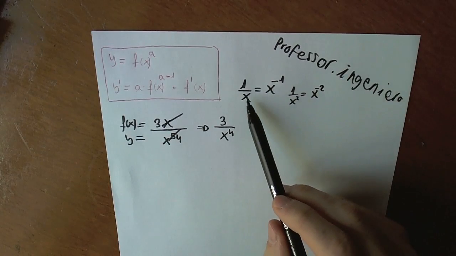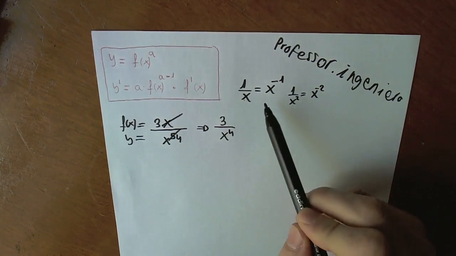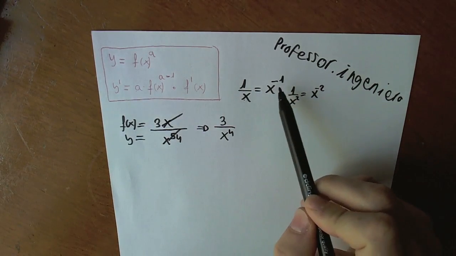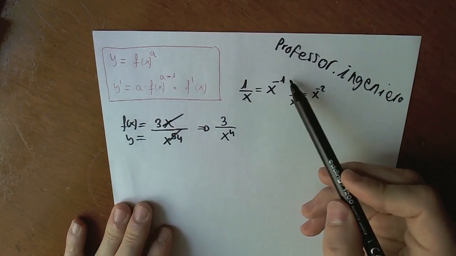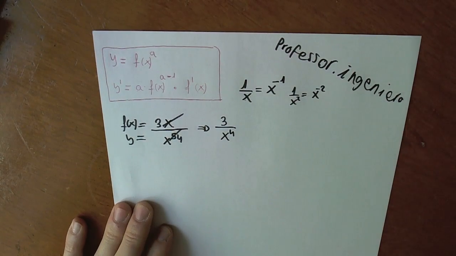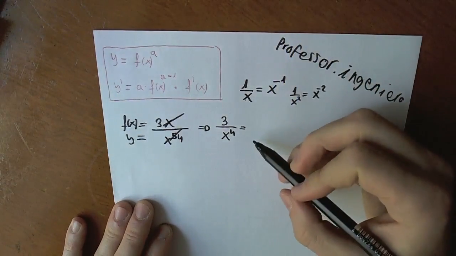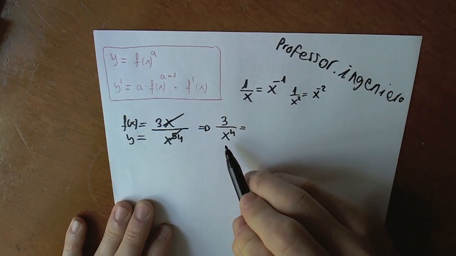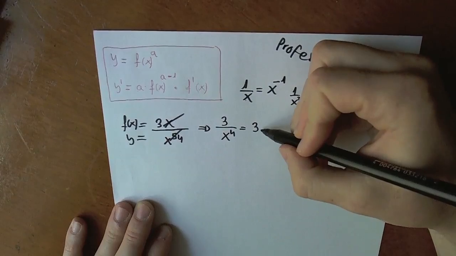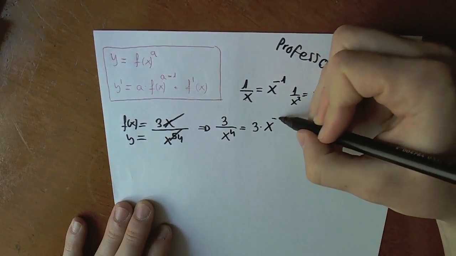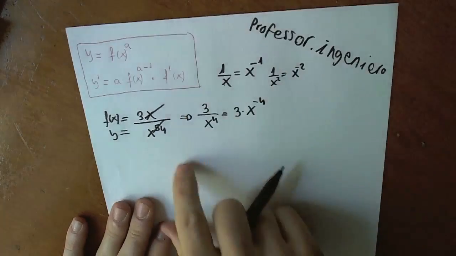If you have x dividing, so in the denominator, you can write it in the numerator with the negative same power that it used to have. Okay, so here it's 1 and here it's minus 1, here it's 2, here is minus 2, but it's exactly the same. So we should write this function, instead of 3 divided by x^4, we should write it like this: 3 multiplied by x^(-4). And this is exactly the same. It's legal. We are not going to prison because of this move.